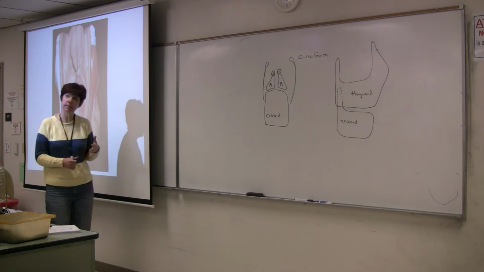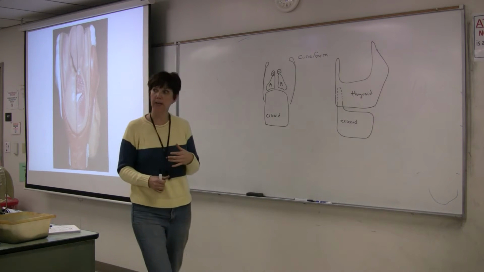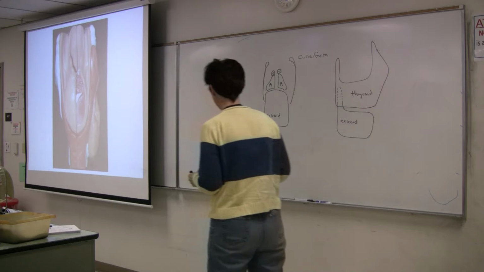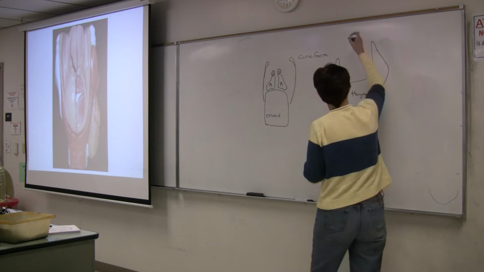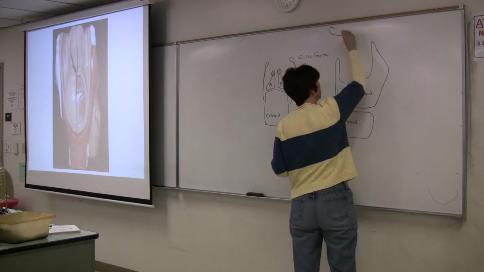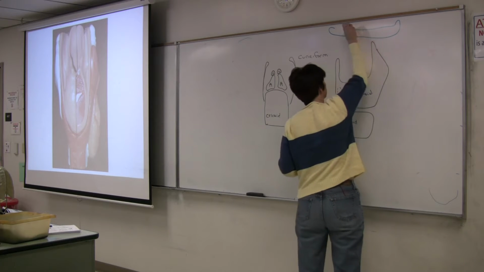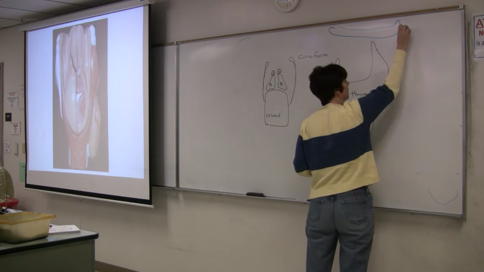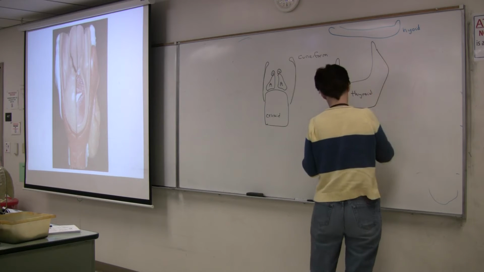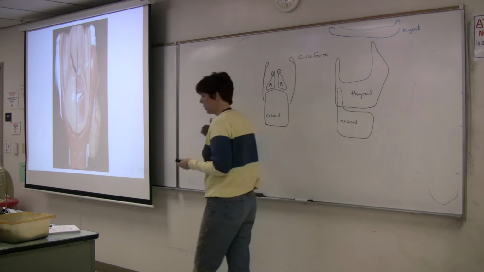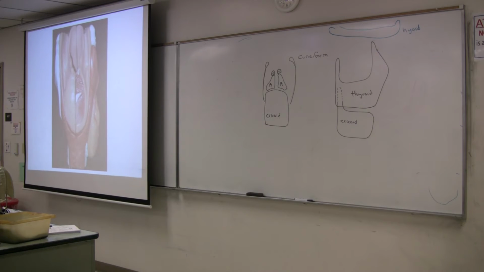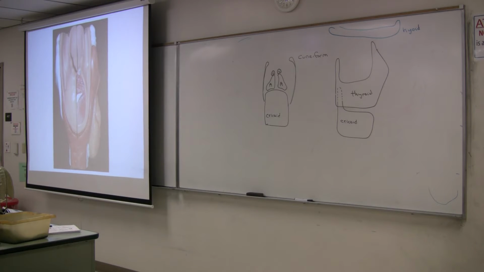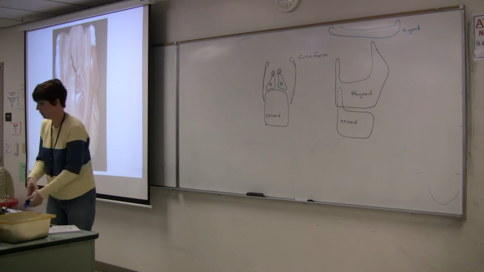Now, we do have muscles associated with our cartilage and ligaments. So I'm going to put the hyoid bone up here. And there is a ligament between the hyoid and the thyroid cartilage, as you can see right here.